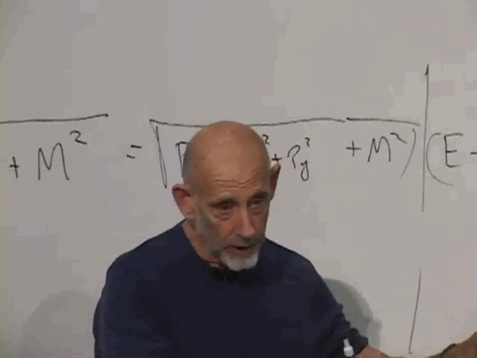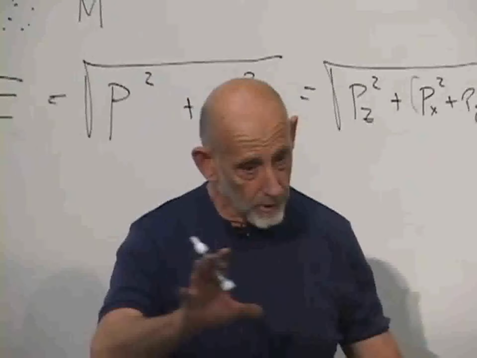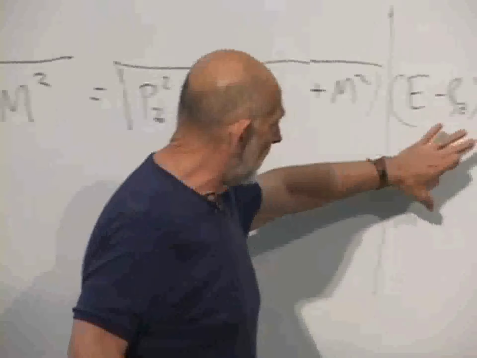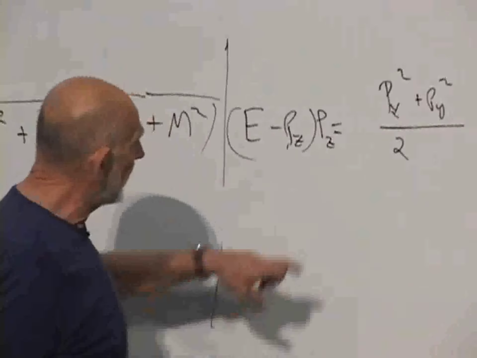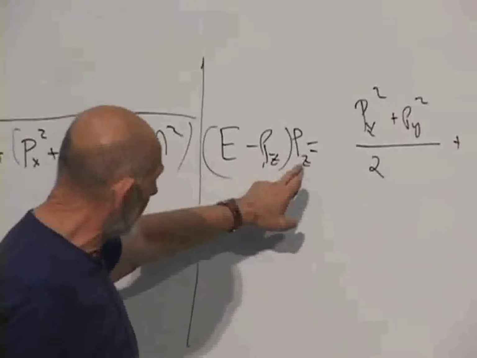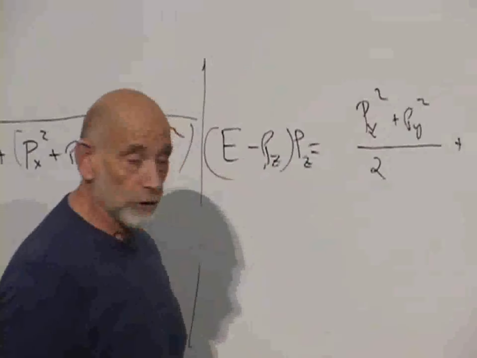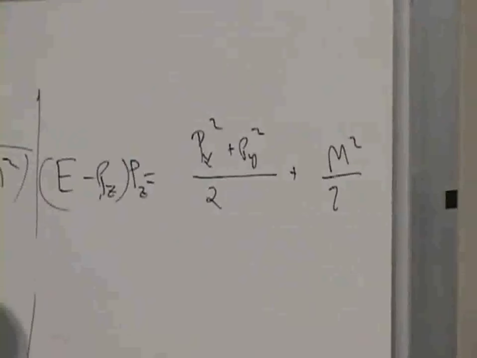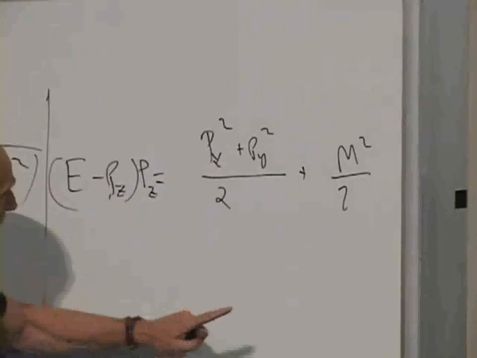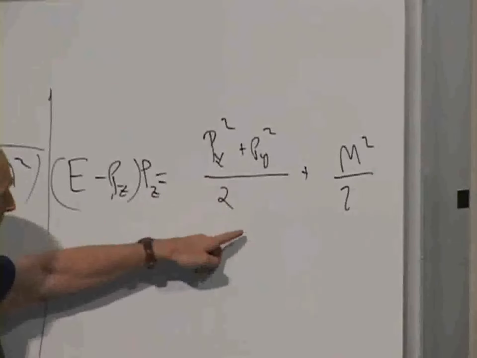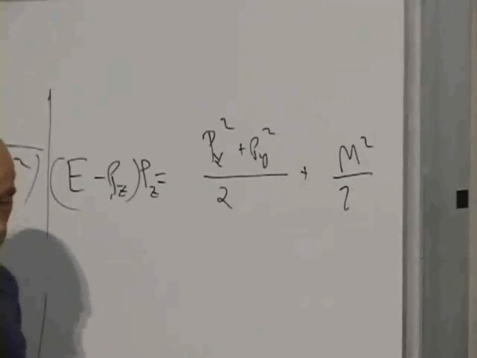The motions along the x and y direction, as well as the internal motions, are kept track of by a Hamiltonian over here, and it has a nice limit as pz goes to infinity, number one. Number two, it looks very non-relativistic. The sums of the squares of the components of momentum, or the square of the momentum divided by 2.